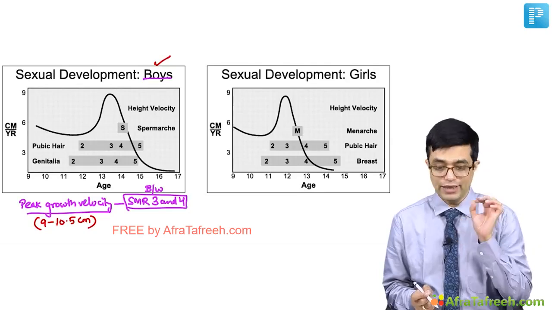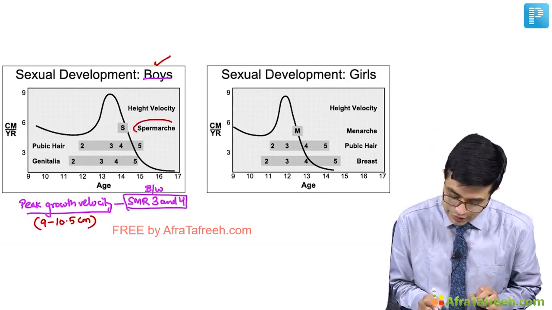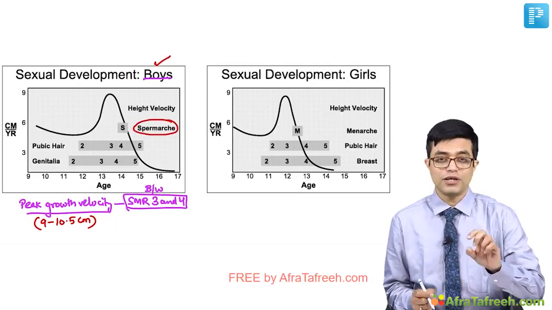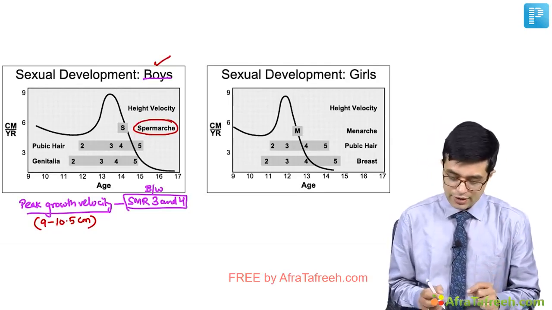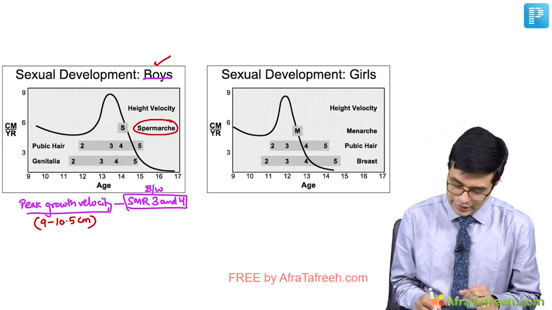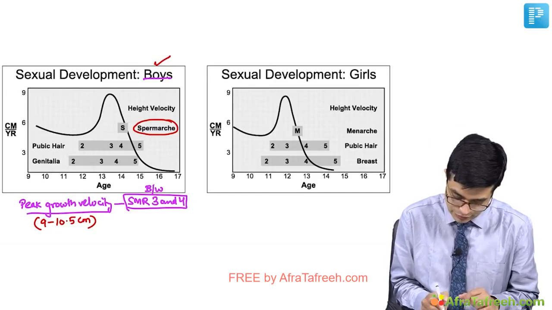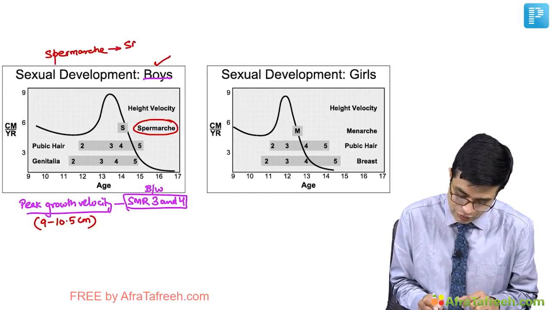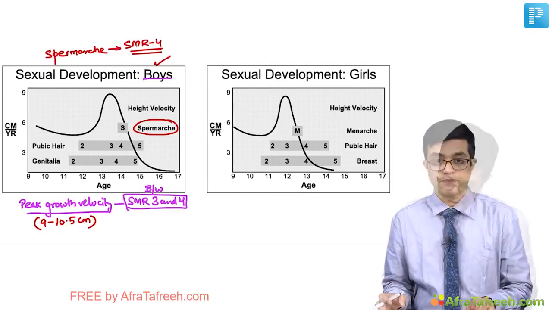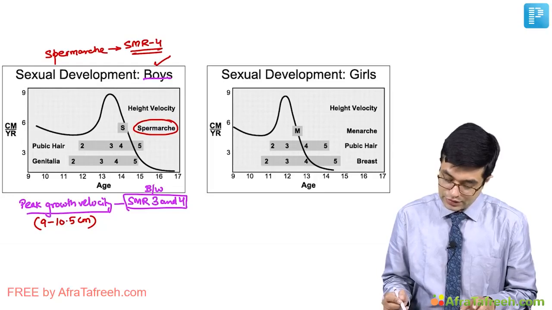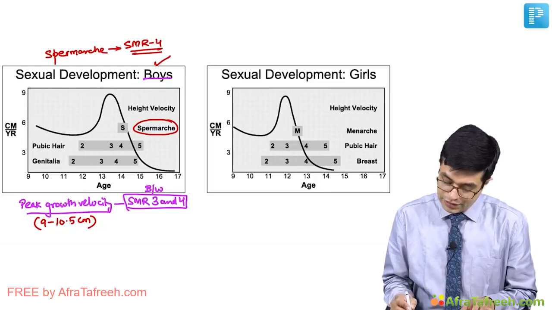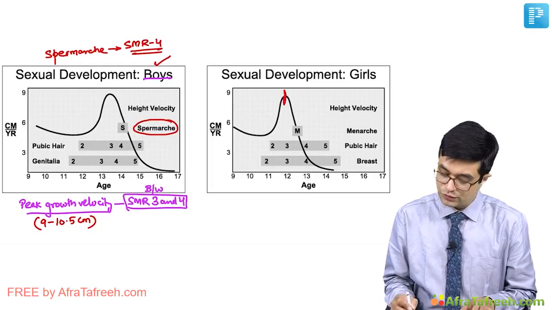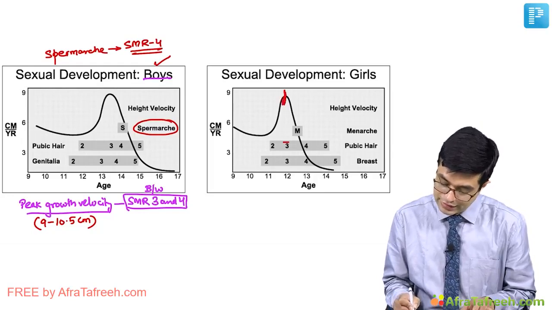It is coming a bit late. And when is spermarche coming? What is spermarche? Onset of sperm formation. And when they are clinically detectable, spermarche is occurring at, you can write at the top, spermarche is happening somewhere around SMR stage 4. This is the time during which spermarche begins. Sexual development in case of girls, peak growth velocity: this is the peak growth velocity which is occurring between stage 2 and 3.